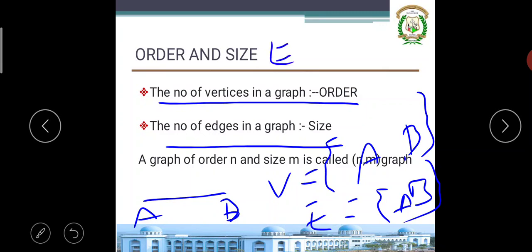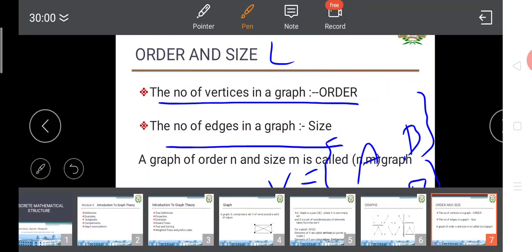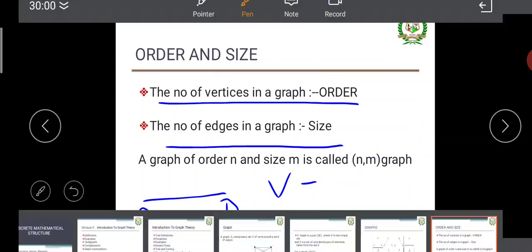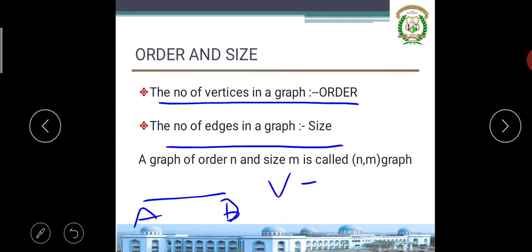The edge set E can be written as B, A also, not a problem. But if I give a direction, it becomes a directed graph. In directed graphs, this direction you have to write very clearly. Observe the difference: in a directed graph, direction is mentioned.